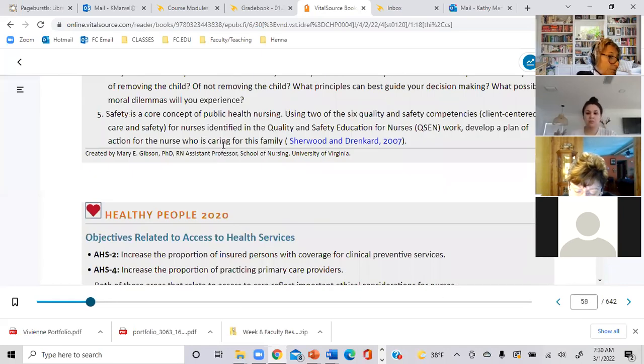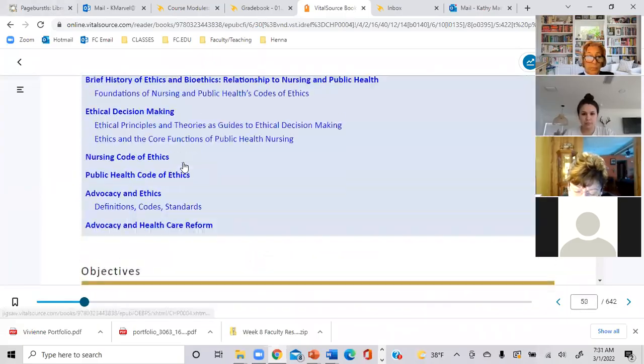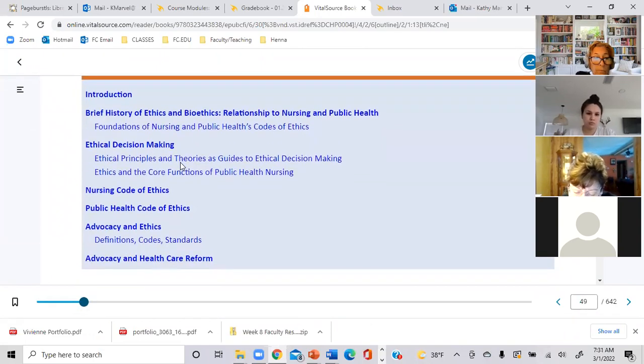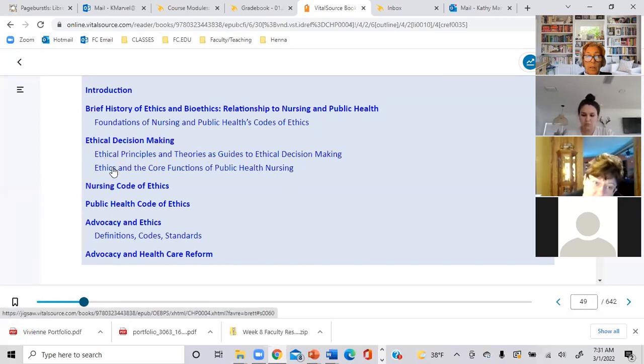Okay. So in summary, this is what is important to know. Ethical principles and theories, ethics and core functions. We went through that. The 12 steps of the public health code of ethics.